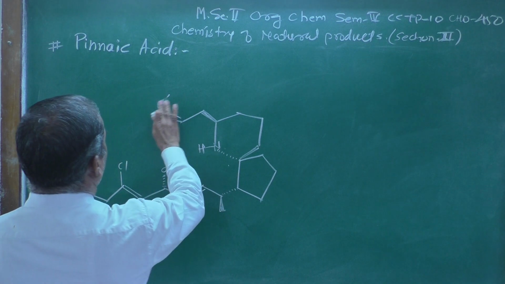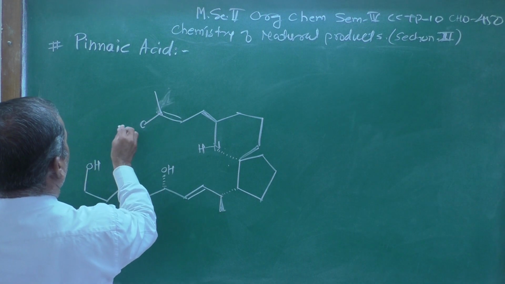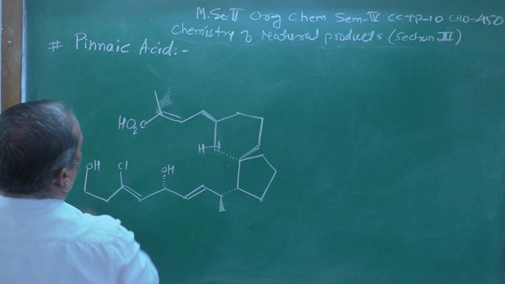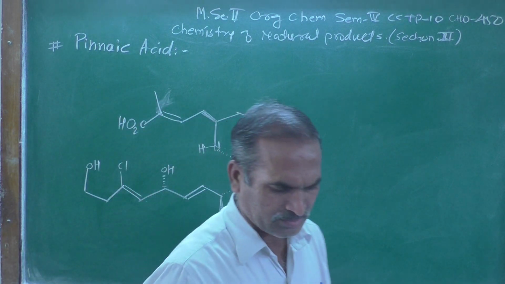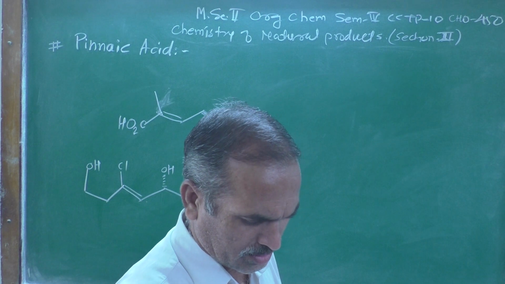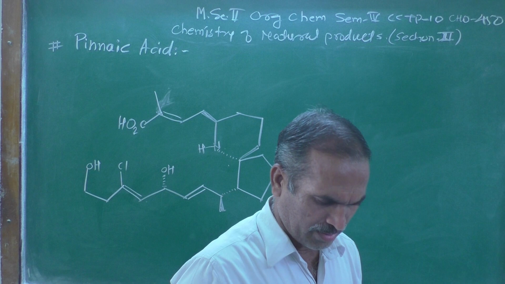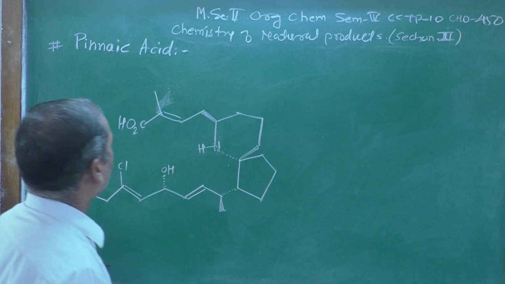Here you can write a double bond, and here C, then O2H, that is an acid group. This is the structure of that pinnaic acid.